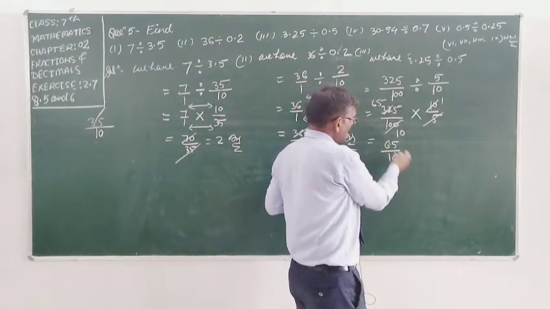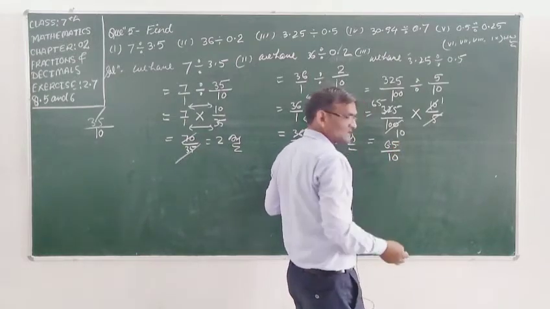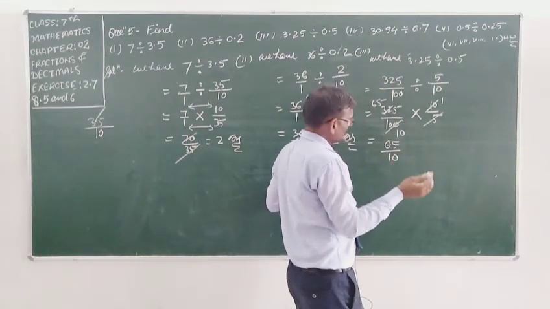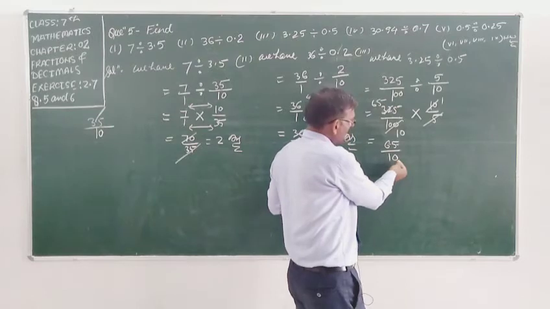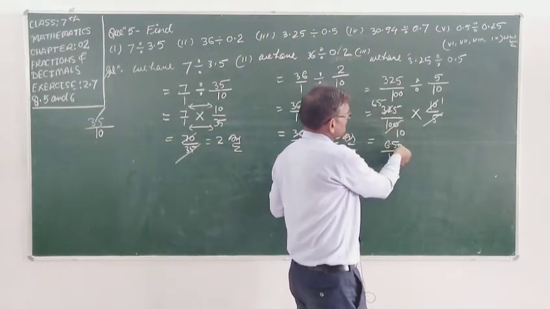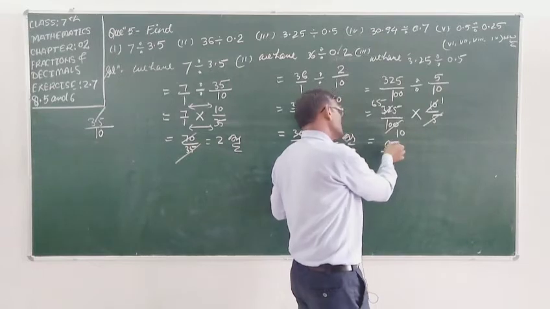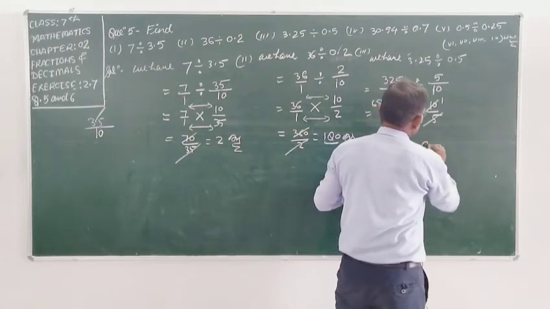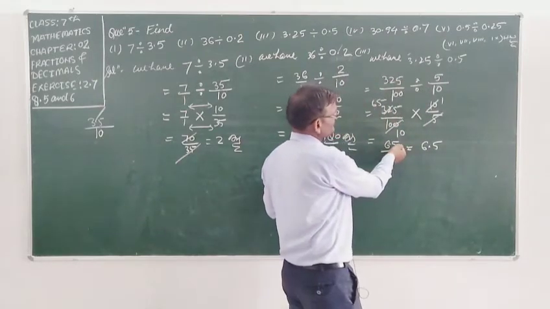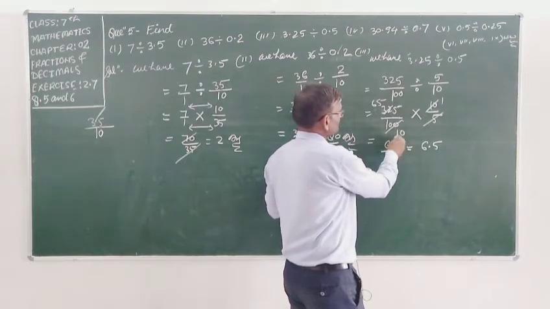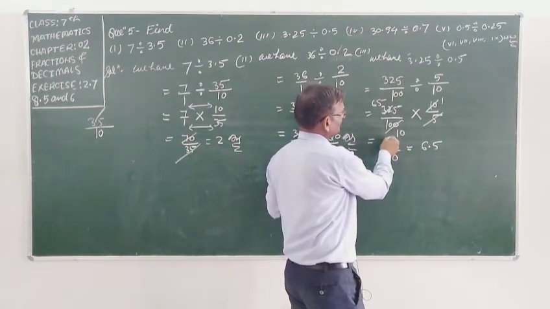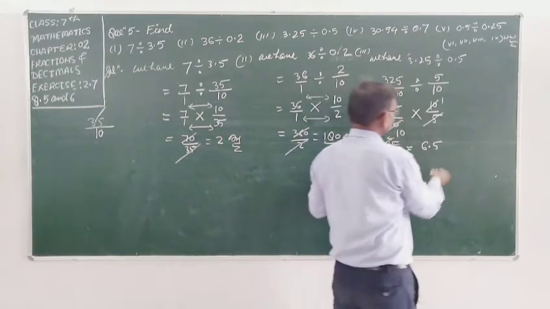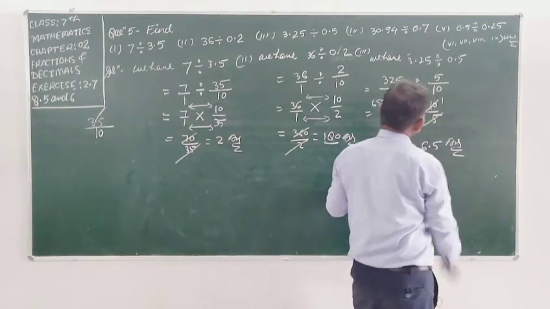I have told you all whole numbers have the decimal point at the last. Each decimal number keeps a decimal point at its last, and this is a 10 type number, and this number has 10, so the decimal point will move in division to the left side equal to 1 digit, so we get student 6.5. See, the decimal point will move to the left side by 1 digit, it will be placed after 1. Why is it placed after 1? Because in a 10 type number, there is 10. So 6.5. This is my answer student.